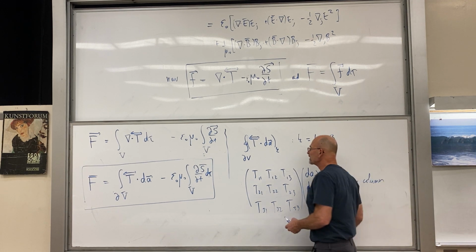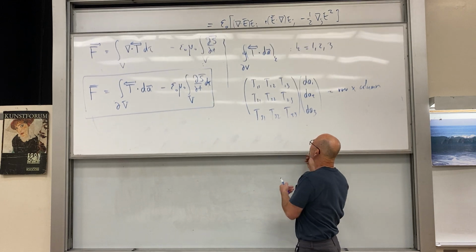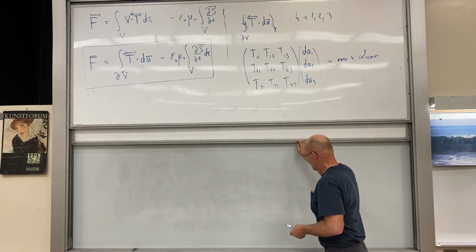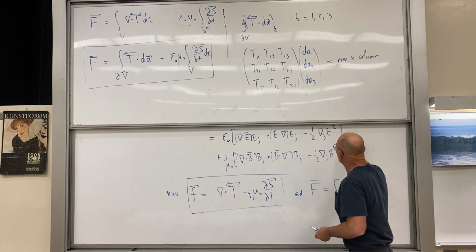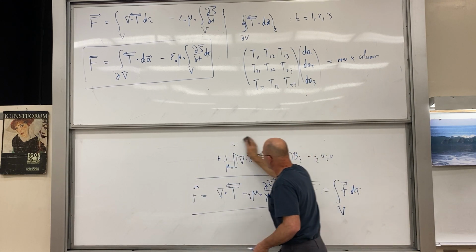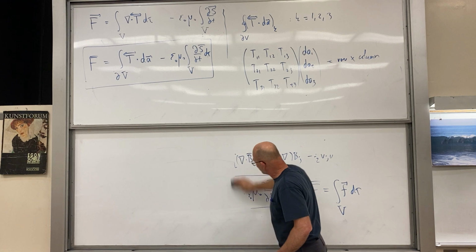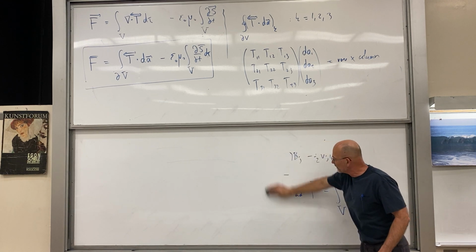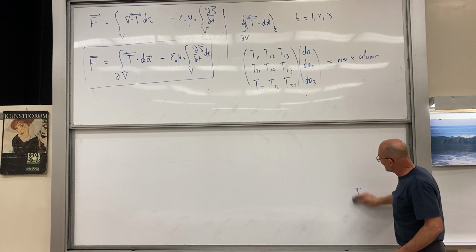So in fact, yeah, let's write it a little more. So we're going to do the z or 3 component in our problem later on. So let's go ahead and write that one out.